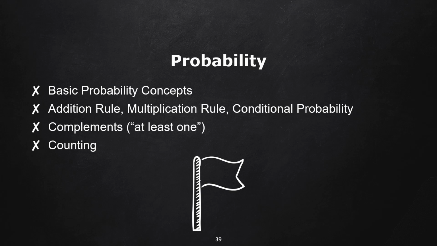That's exactly what we're going to do. We'll be working with probability in the next video. Got some basic probability concepts, some basic probability rules, and also counting. If you thought you knew how to count, think again. Probability and other stat stuff is going to tell us otherwise.